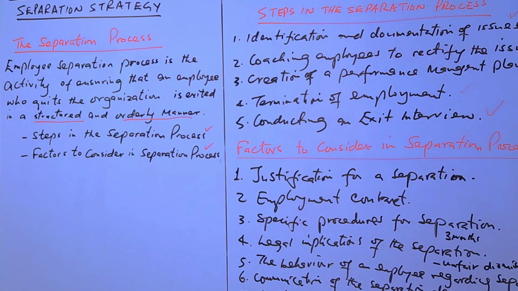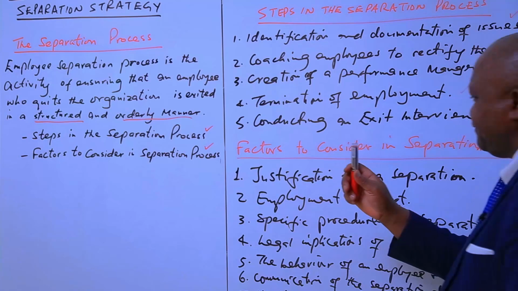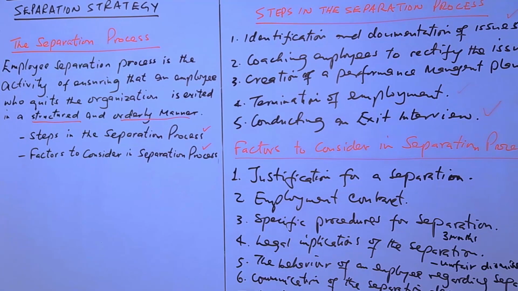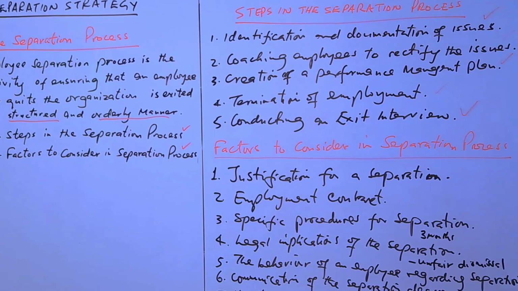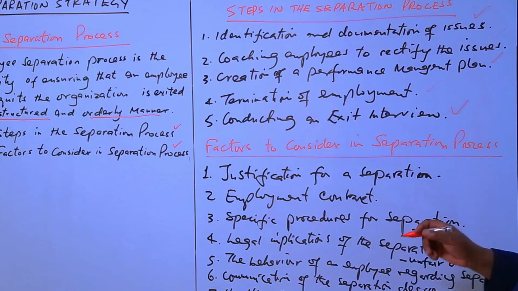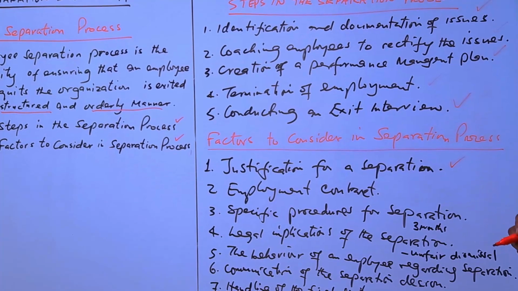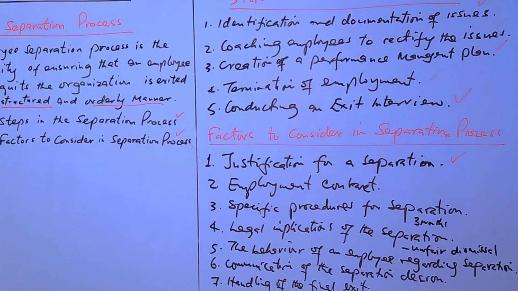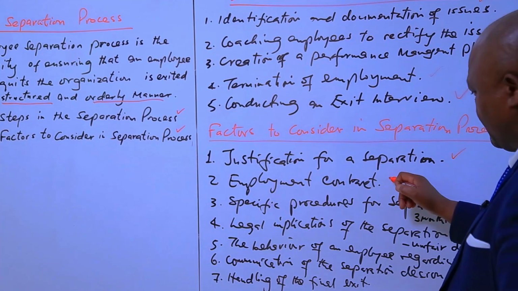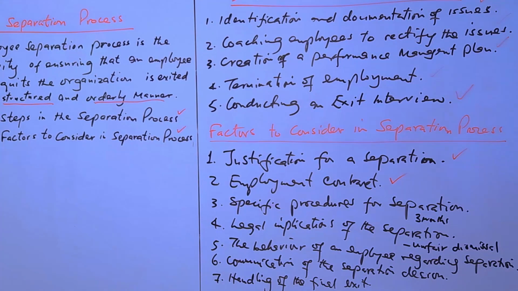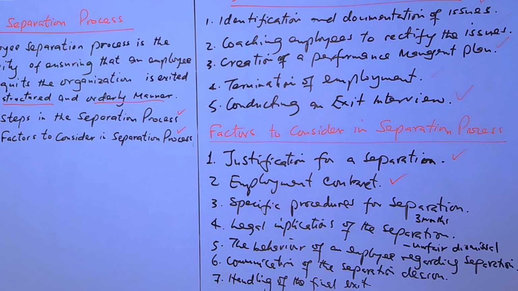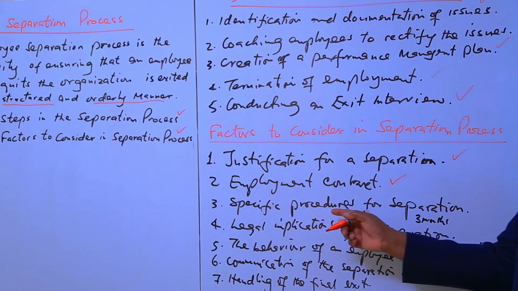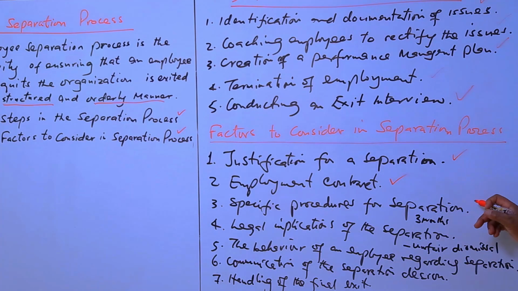Then we have again looked at the factors to consider in the separation process, and we have indicated, dear learner, that number 1, justification for separation has to be considered. The employment contract has to be considered. Number 2, and number 3, specific procedures for separation of employees have to be considered. Then number 4, legal implications of the separation.